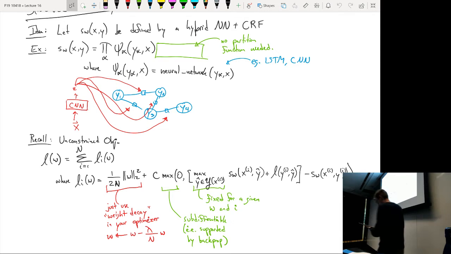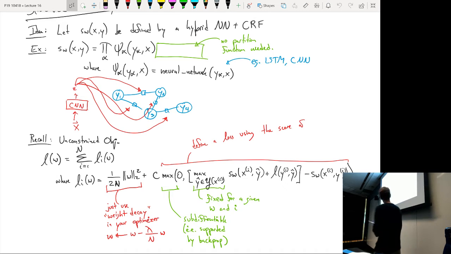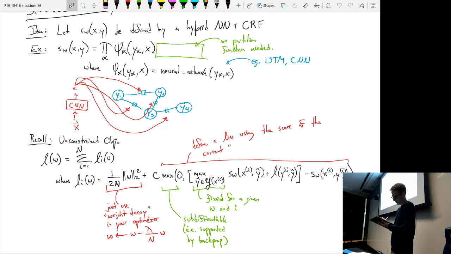And then the last detail is that essentially what we're doing here is we're saying that this whole part is defining a loss using the score of the current winner of loss augmented inference and the score of the ground truth.